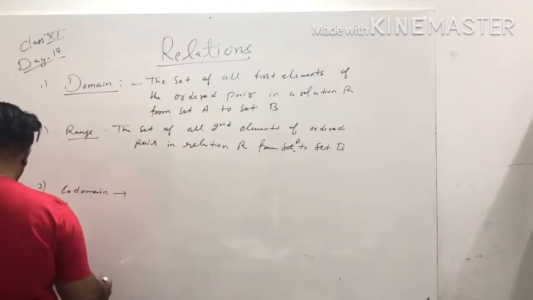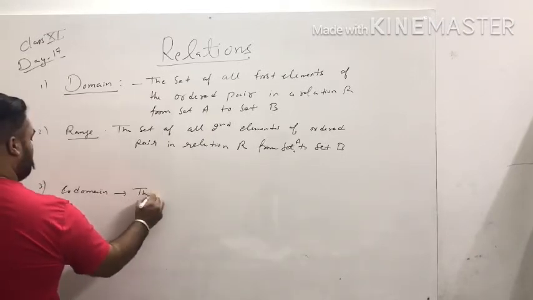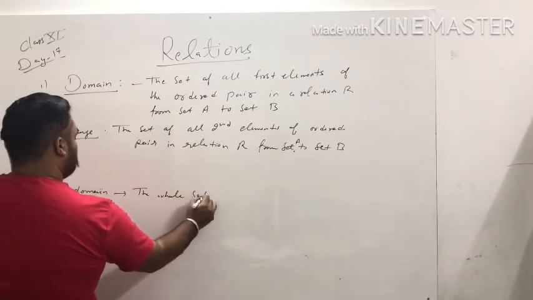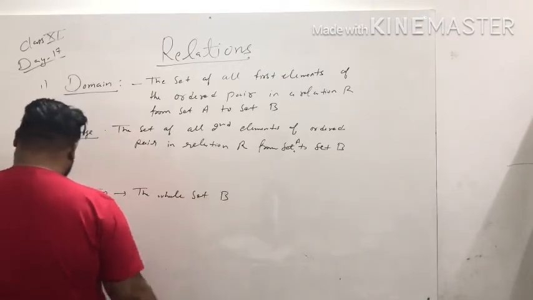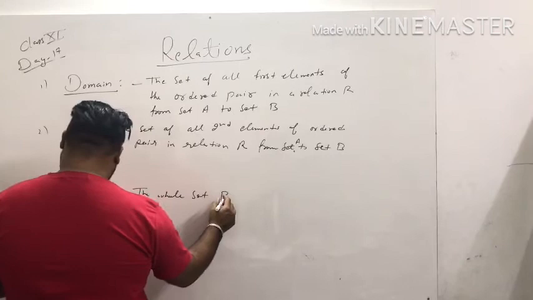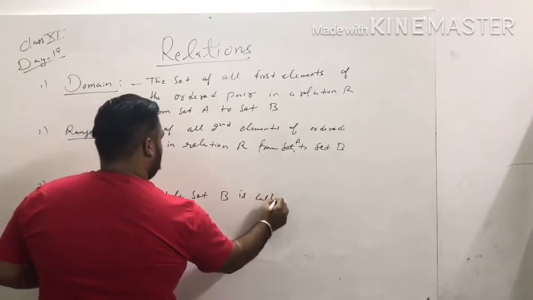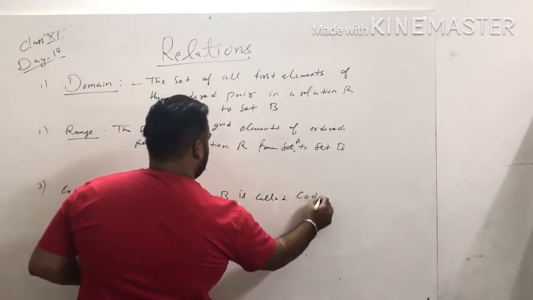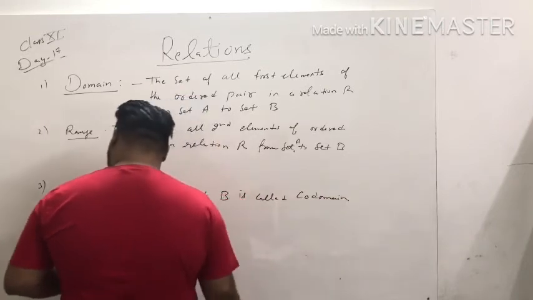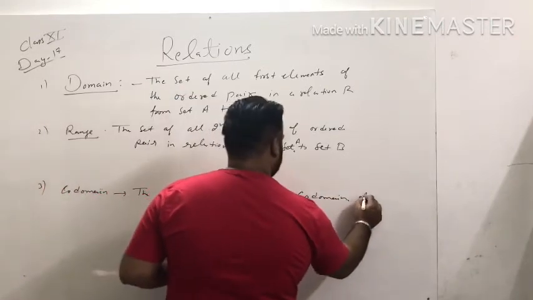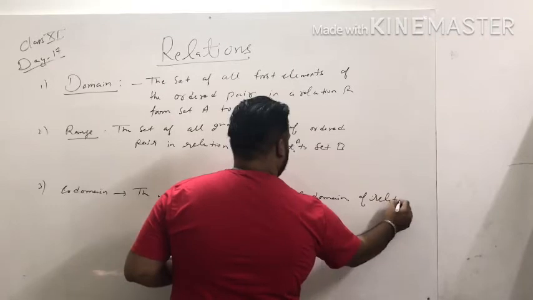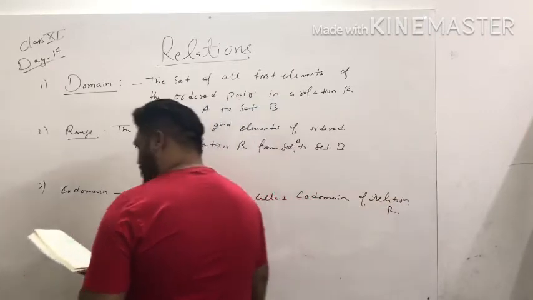Now what is codomain? The codomain is the whole set B. The whole set B is called the codomain of relation R.